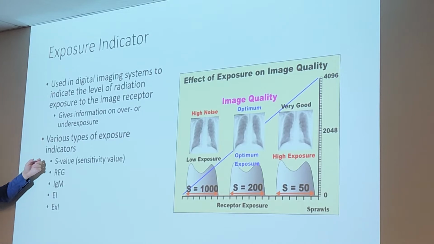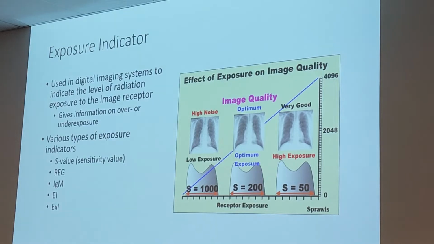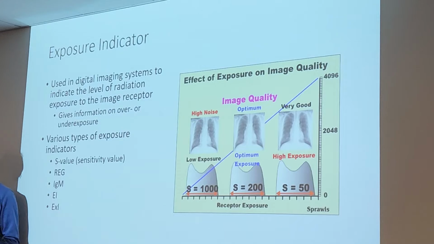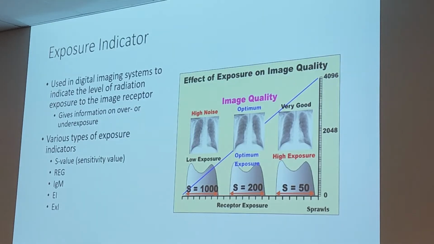So, for example, with S values, when you shoot a hand, you want your S value to be between 75 and 200. You shoot your X-ray, it says 169. Is that good? Is it between 75 and 200? So, good X-ray. Great job.